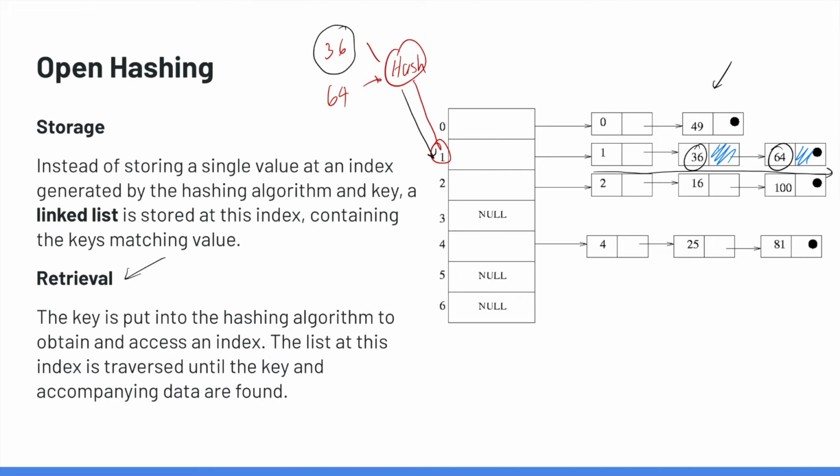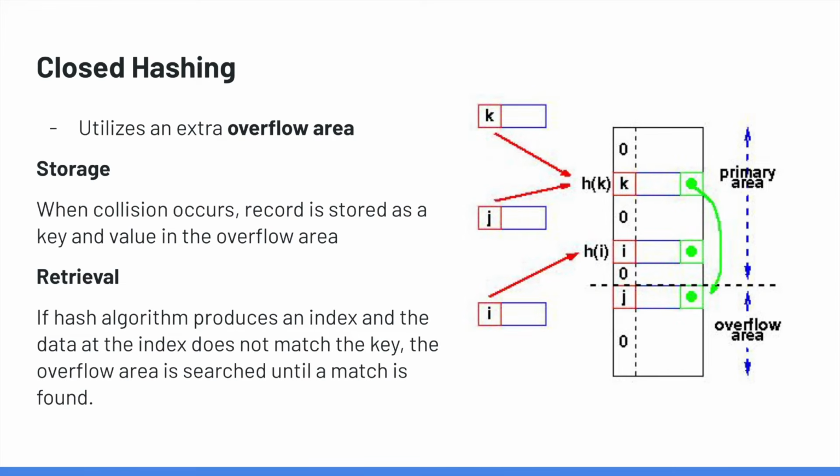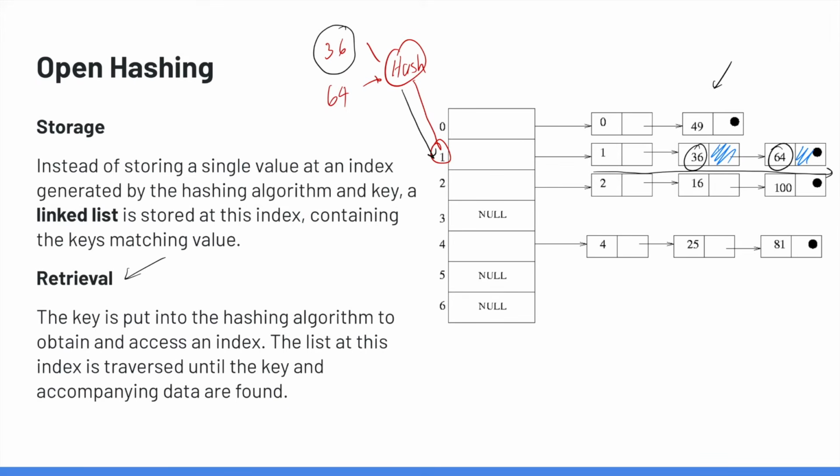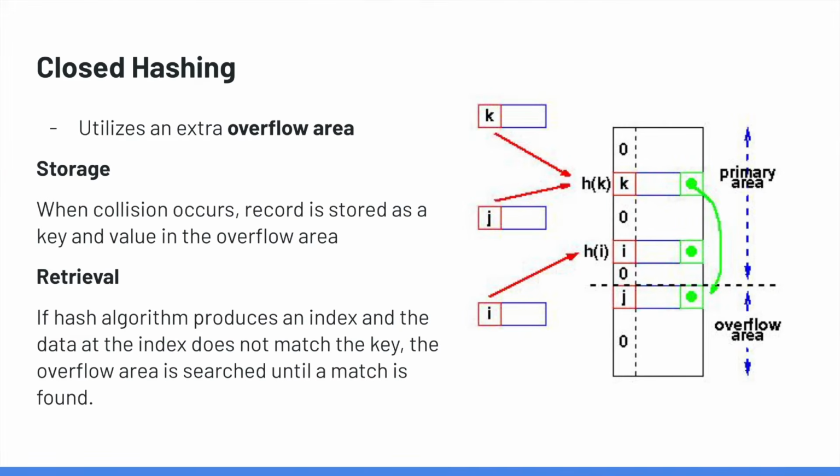Now, the next method we're going to look at is closed hashing. Closed hashing works a little bit differently, because if you go back to our previous diagram, with closed hashing we'd have an extra area called an overflow area where we could store data. So for example, let's say we have 36 and we have 64. Let's say that 36 goes to our hash algorithm and we produce position 0.